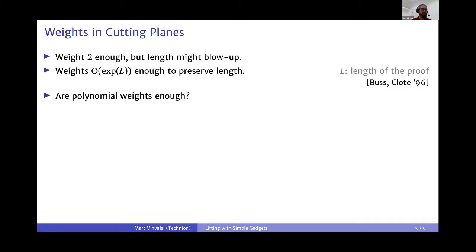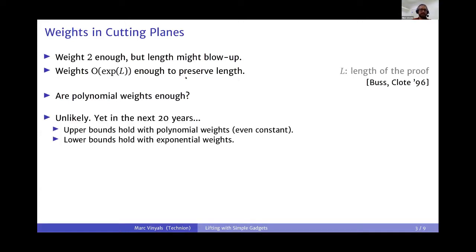But very naturally, they asked, can we do better? Can we prove this just using polynomial weights and preserve the length of the proofs? I would say this is unlikely, but for the next 20 years after this result, we didn't know of any proof in proof complexity where having large weights would be any good.